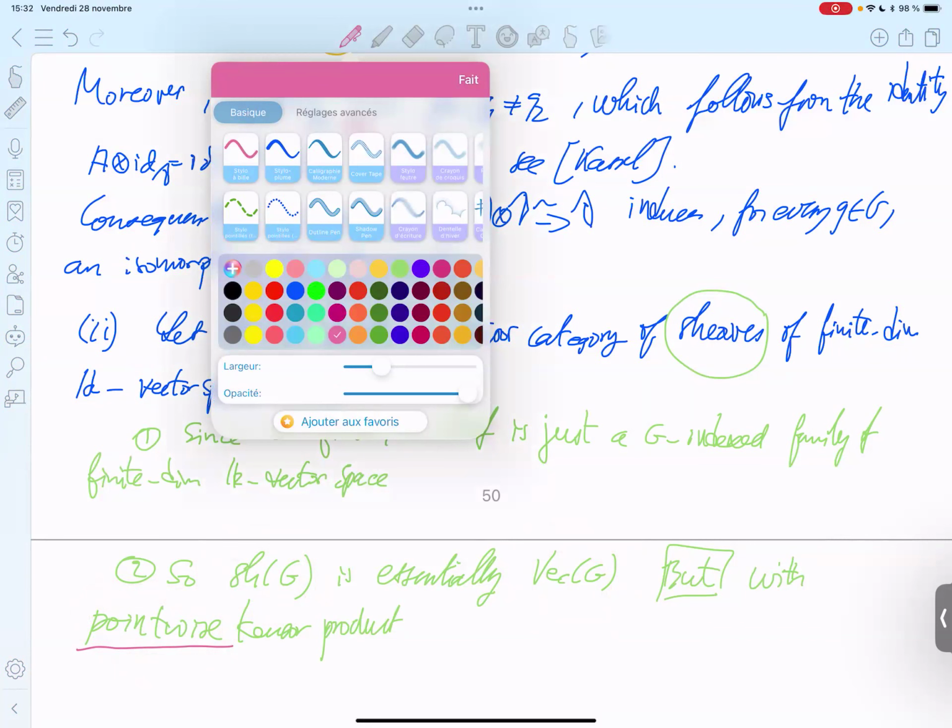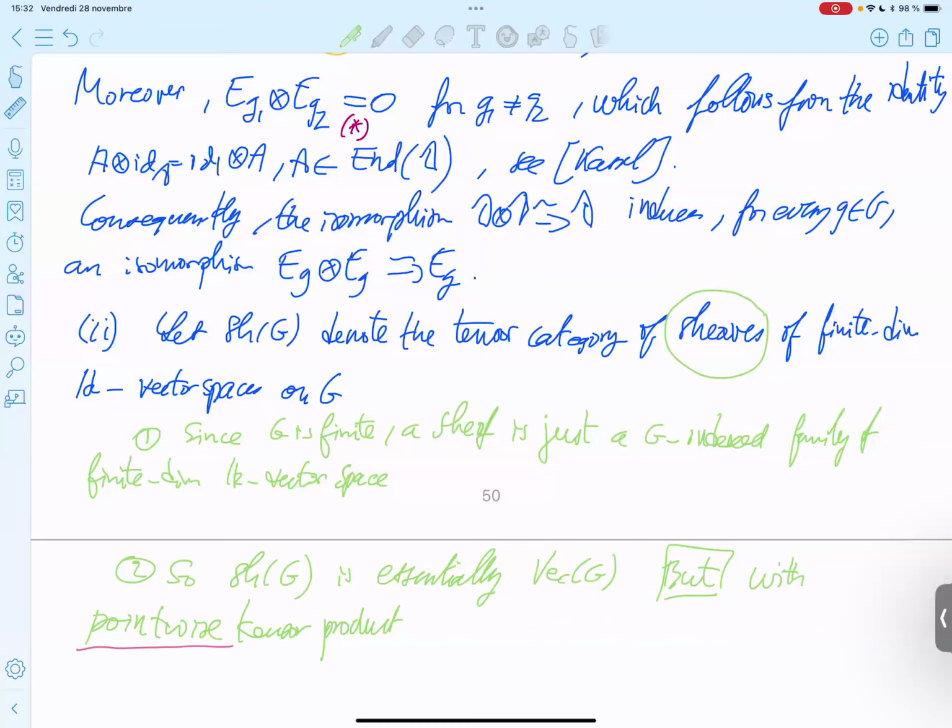And by pointwise, we mean the pointwise tensor product. So (U tensor V)_G is U_G tensor V_G.